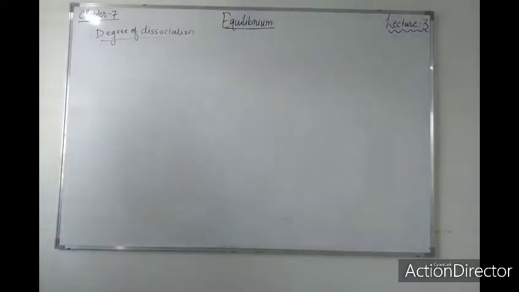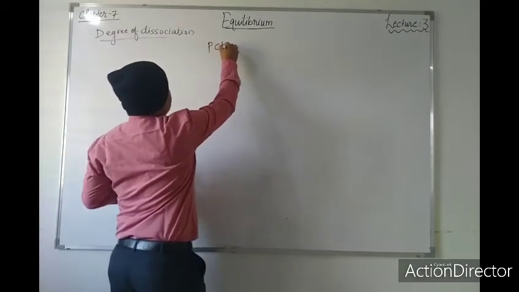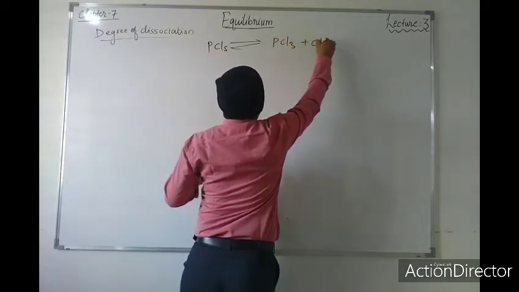Phosphorus pentachloride, PCl5, gives PCl3 plus Cl2.